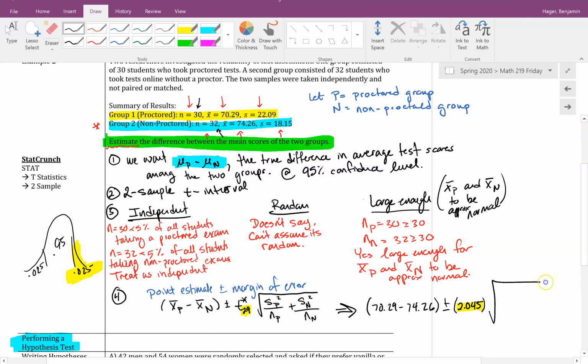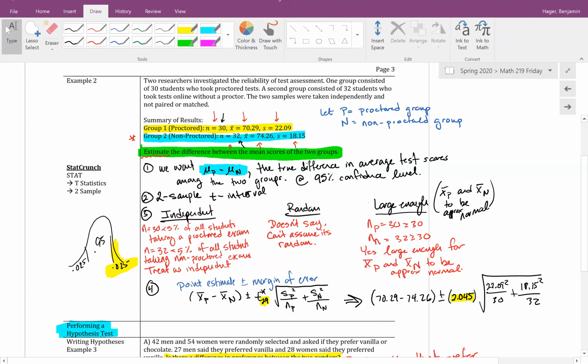And plugging in those numbers for standard deviation, for the proctored group this is 22.09 squared, and the sample size was 30. And for non-proctored it was 18.15 squared over 32.